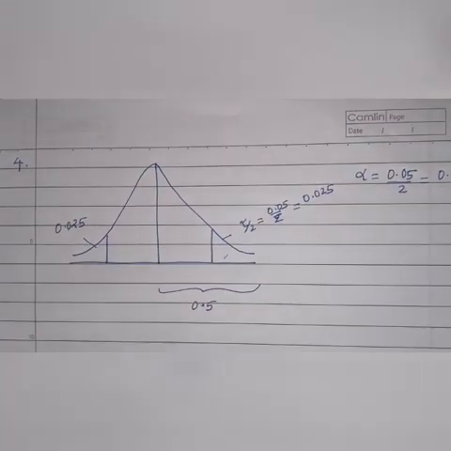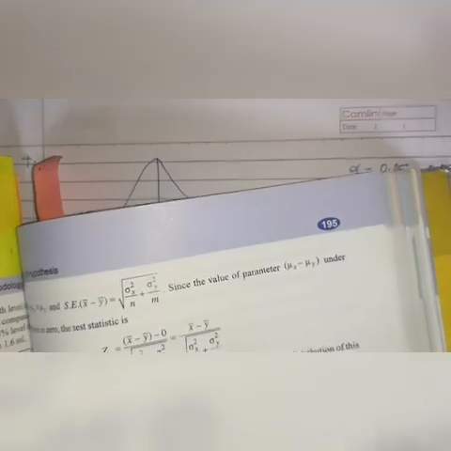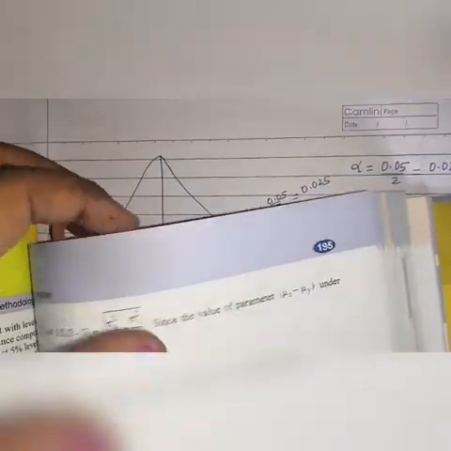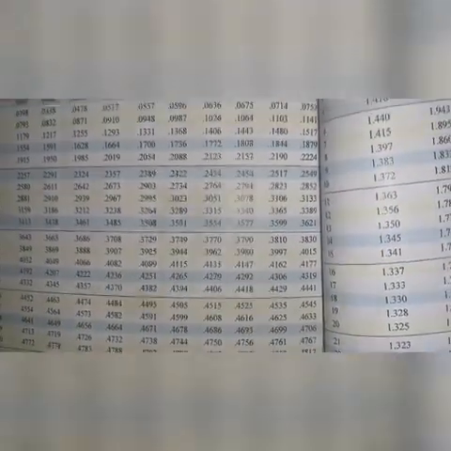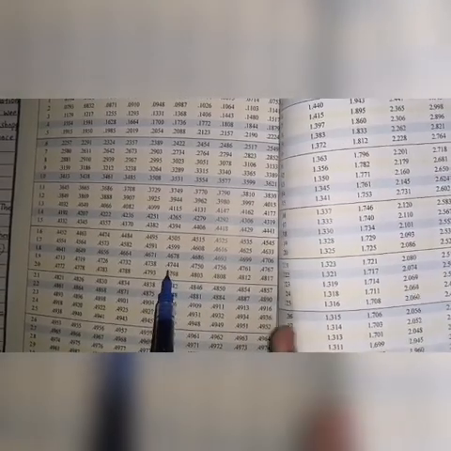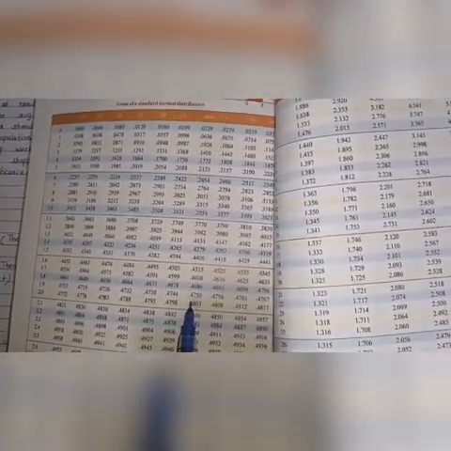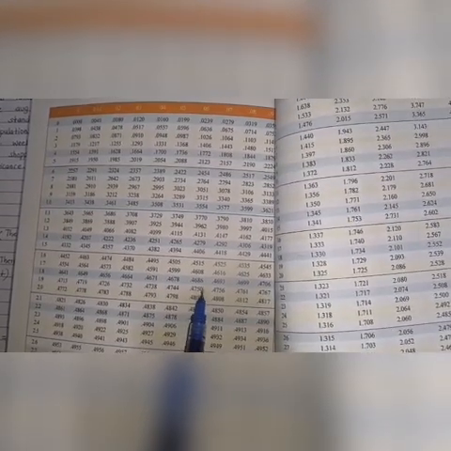So we have to check which value is giving us 0.475. So where is 0.475 starting? 0.475 is starting here. Exactly 0.4750 is here.